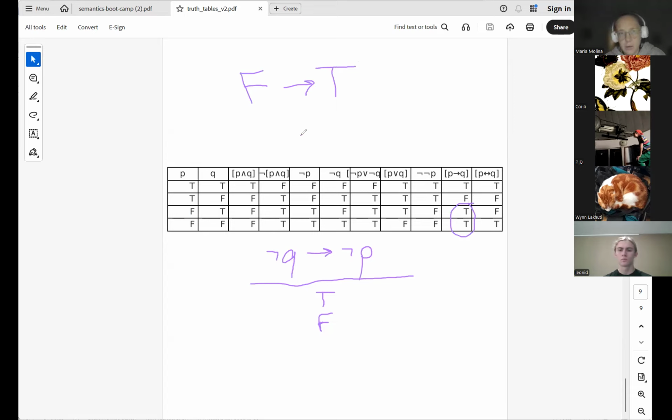So we get true in the third line. And if both P and Q are false, we get true to true, which is true. So it's the same as P to Q.